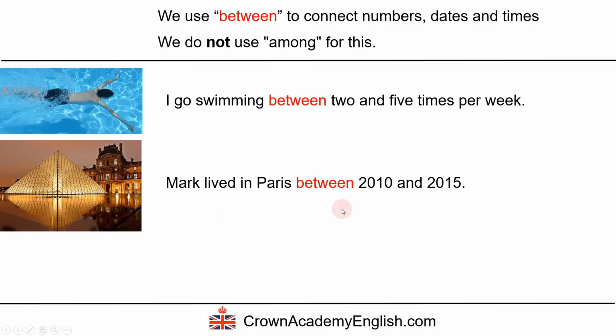Mark lived in Paris between 2010 and 2015. Okay, so after this date and before this date, Mark lived in Paris. So between starting date and finishing date, the end date. Okay.